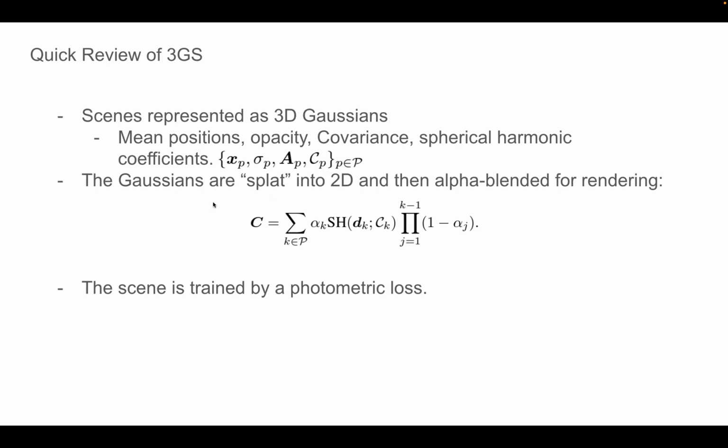So after they have these 3D Gaussians defined, they can splat them into 3D for rendering, and the splats are then alpha blended together to get the color of each pixel. And this is the alpha blending formula, which is similar to NeRF's alpha blending formula. The only difference is that it's applied to the 2D Gaussian splats opacity. So after this, the scene can be trained with the photometric loss between the rendering and the ground truth image.